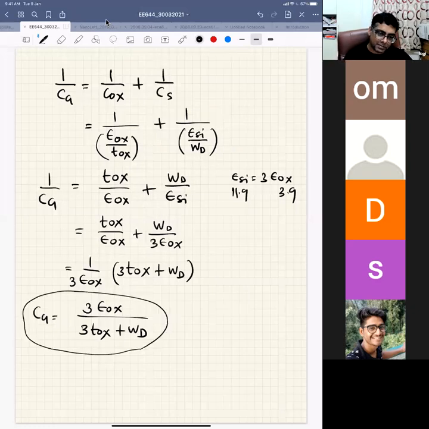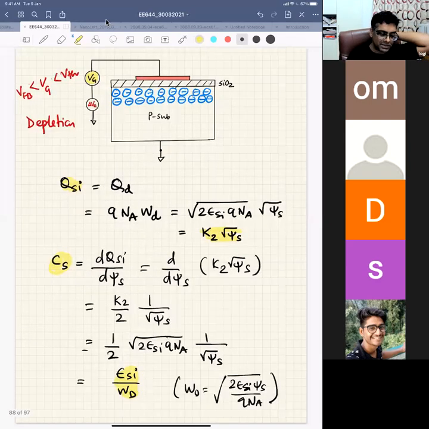So this is just one mathematical form of looking at this gate capacitance, right? So what is happening? Your epsilon ox is constant, your Tox is constant because your oxide thickness is constant in a particular technology. The only thing changing with gate voltage, because this is a big range, flat band voltage all the way to VTH, is WD.